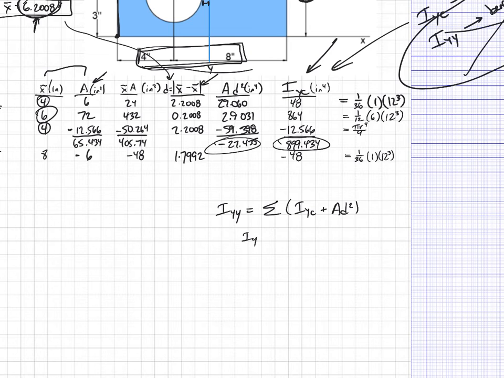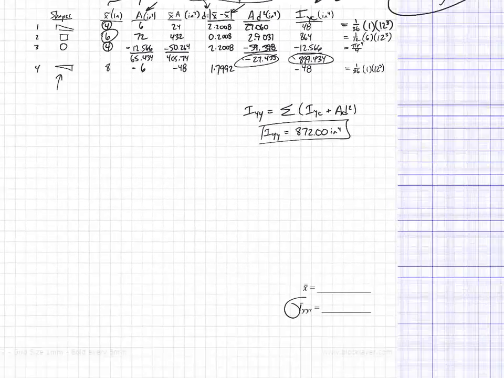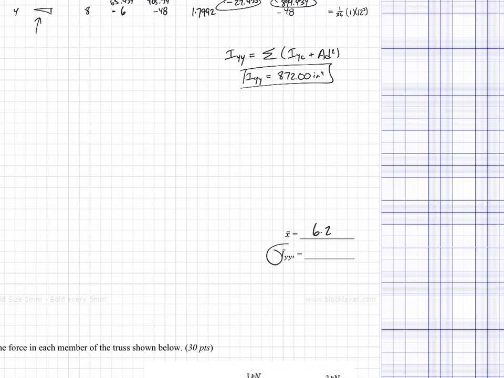So Iyy equals 872.00 inches to the 4th. And that's pretty cool. And then we've got this number right here. So we go down here and we say 6.20 inches and 872 inches to the 4th.